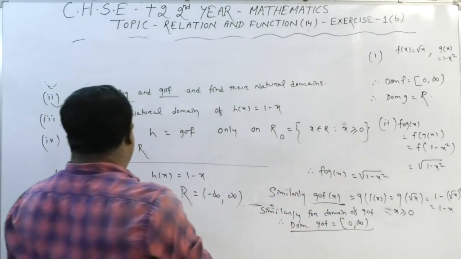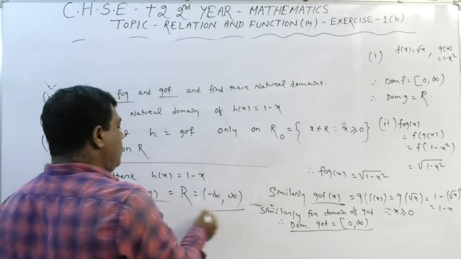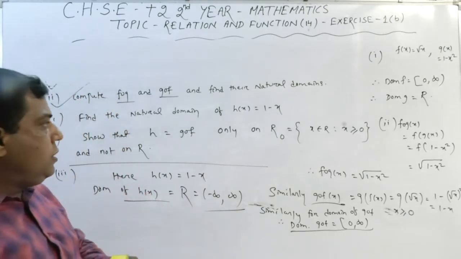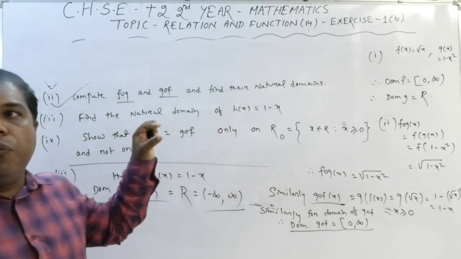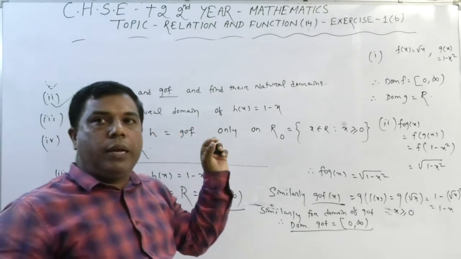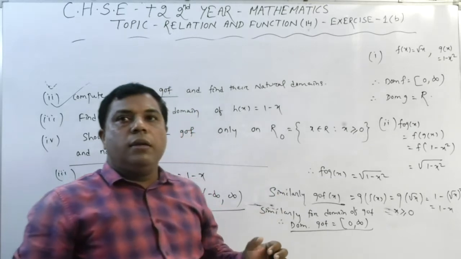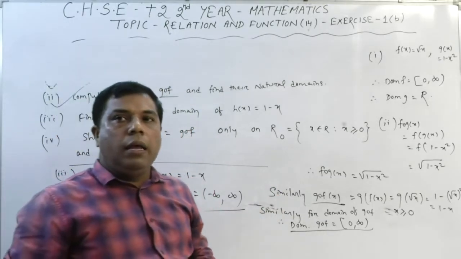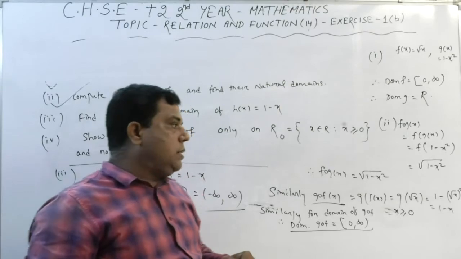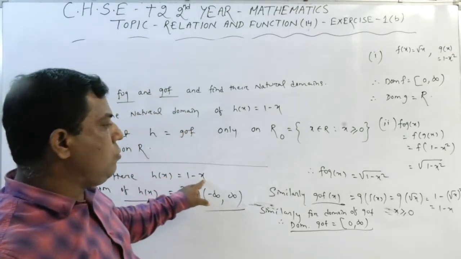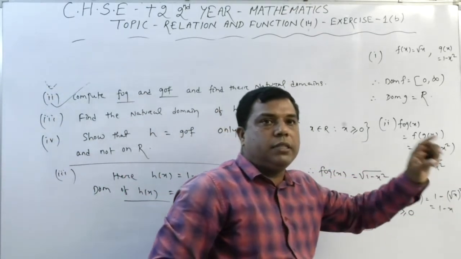Now we have the gof function and its domain, and we have the h function and its domain. Two functions are said to be equal if their image elements are the same. Here the image element is 1 minus x, and there it is also 1 minus x.